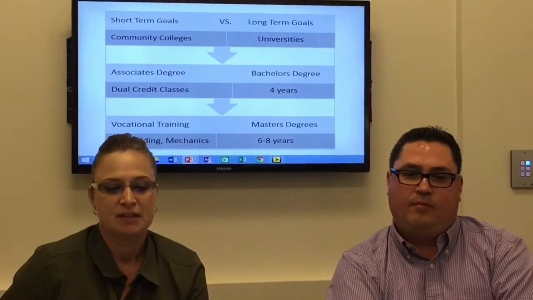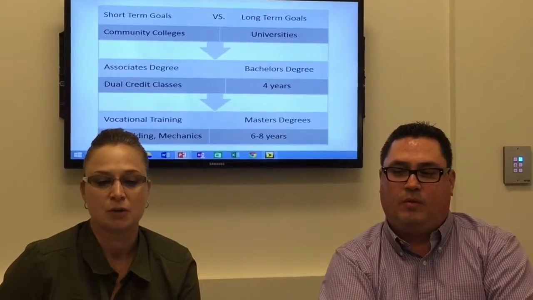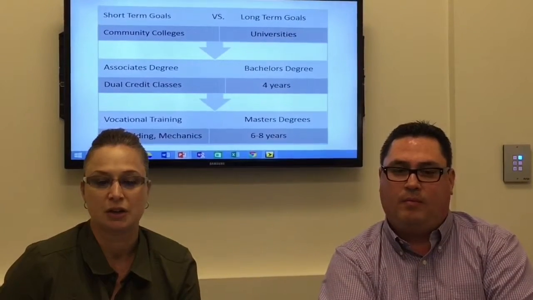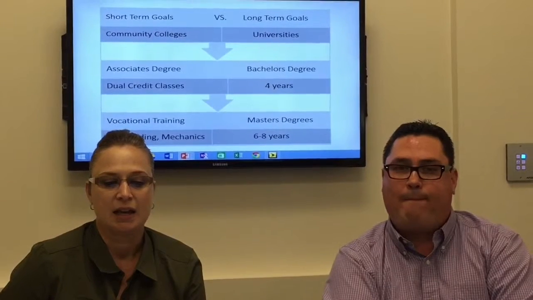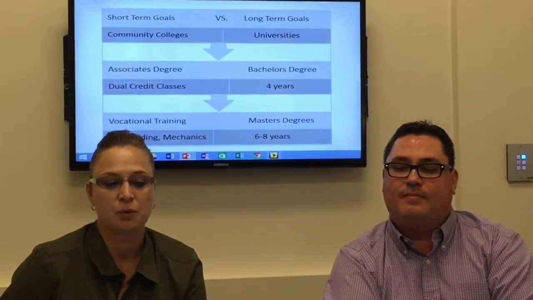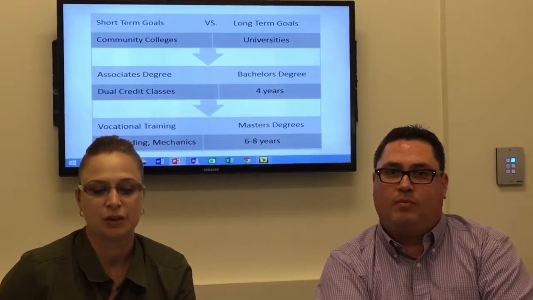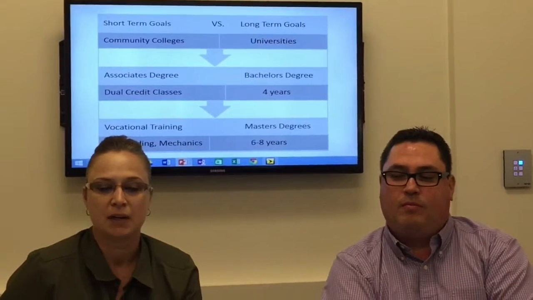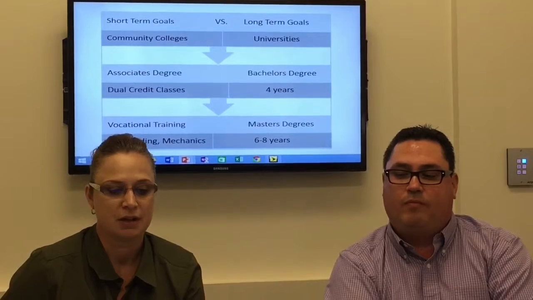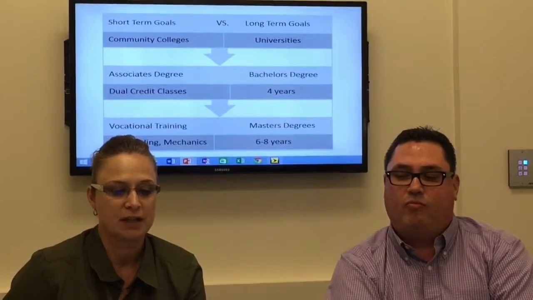On the opposite side, for long-term goals, you may seek a university, and in a university you will be looking at a bachelor's degree, which normally will consist of 4 years, going at a full-time rate.